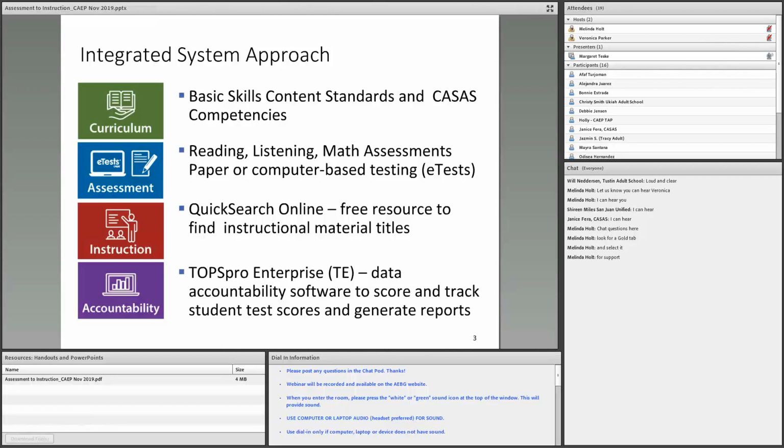And then we have the TE data or TOPS Pro Enterprise data, and that is an accountability software that helps us track student test scores and generate reports. I'm assuming you all know pretty much all of this. If you don't, please let me know if I'm going too fast or if I need to speed up. Let's put it that way.